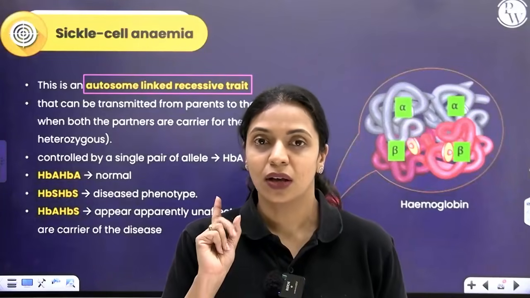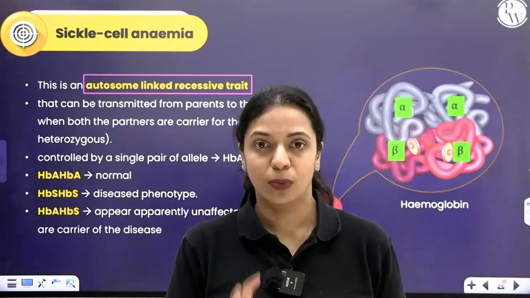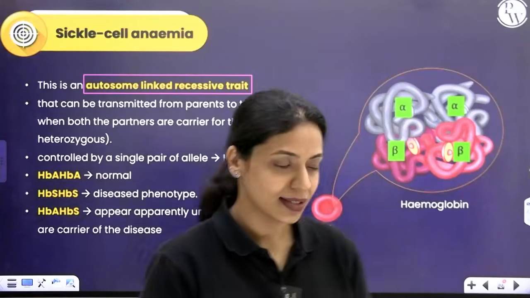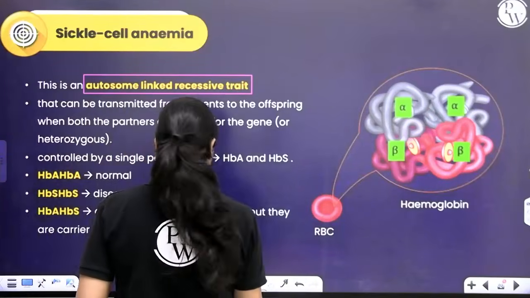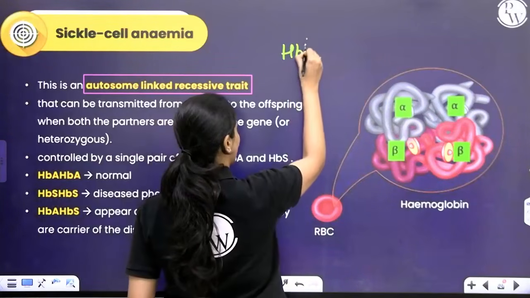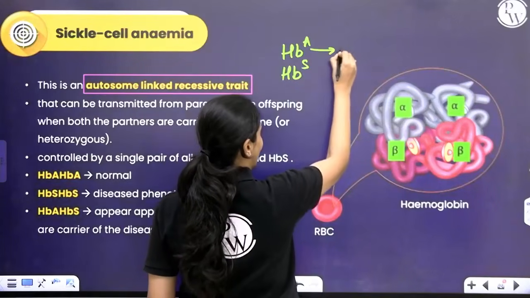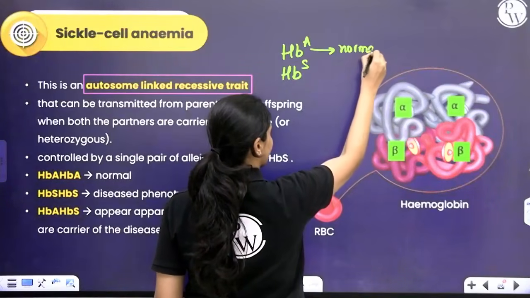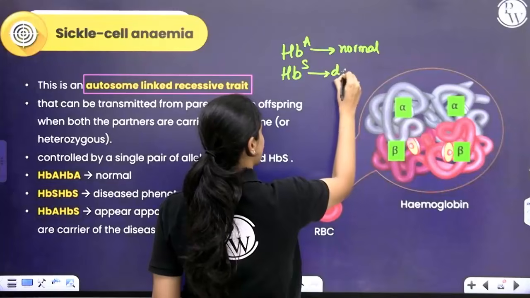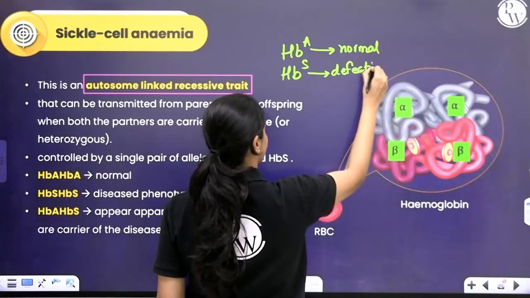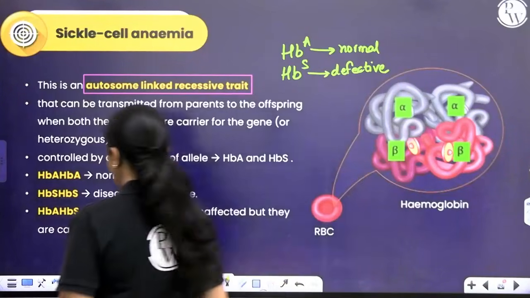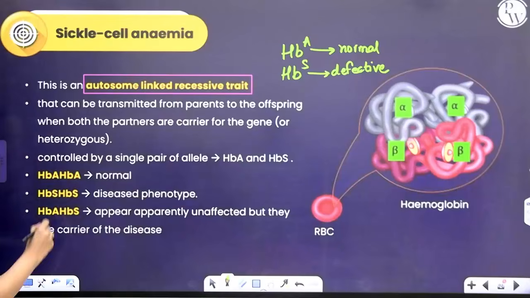Okay. So, here for that hemoglobin molecule, you have 2 alleles, HbA, Hb superscript A and HbS. HbA is the normal allele. HbS is the defective allele. Over here you can see there are 3 possibilities for genotype.